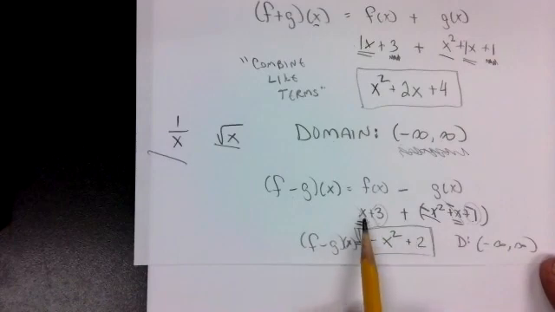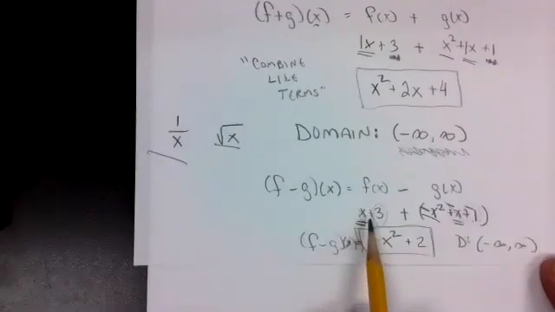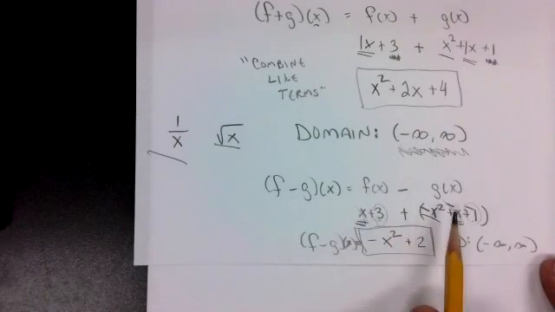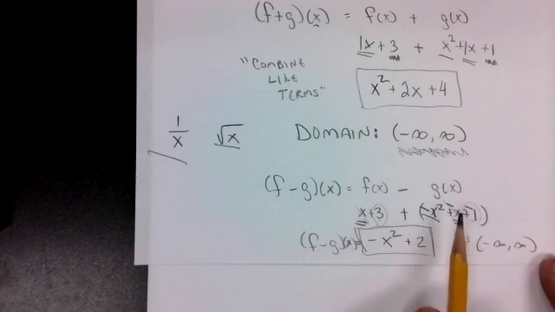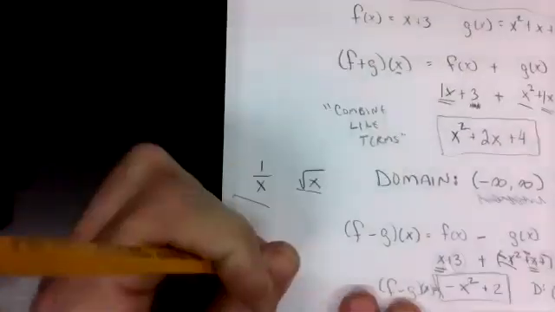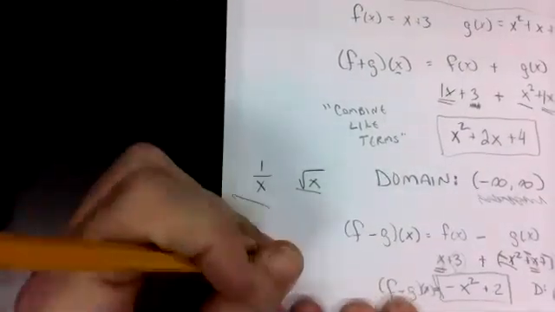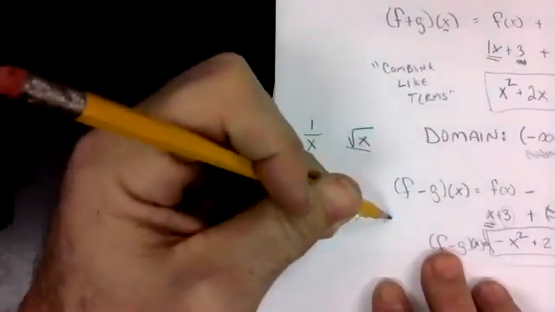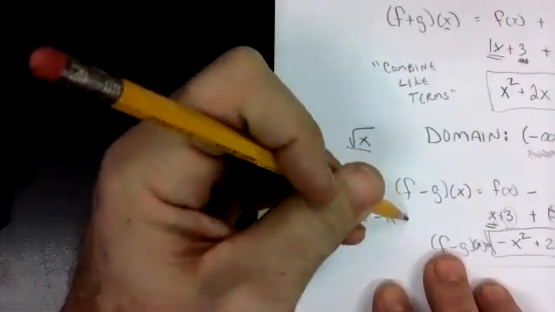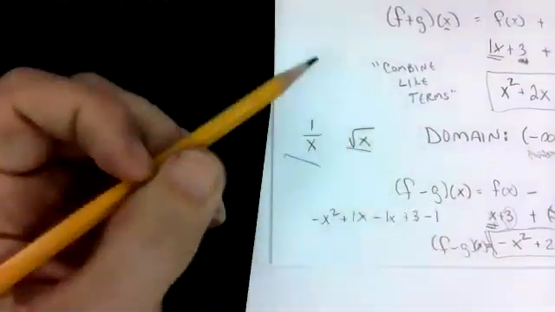Okay. But the x and the 3 are separate. So this is 1x plus 3. The 1x with this negative 1x, those are the things that canceled each other out. Right. So if I took this exact same problem and wrote it in a different order, I've got negative x squared plus 1x, minus 1x plus 3 and minus 1.